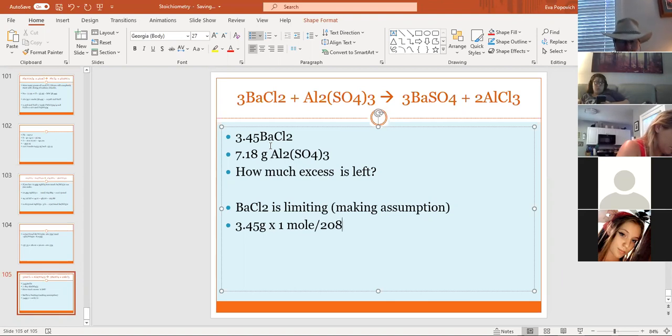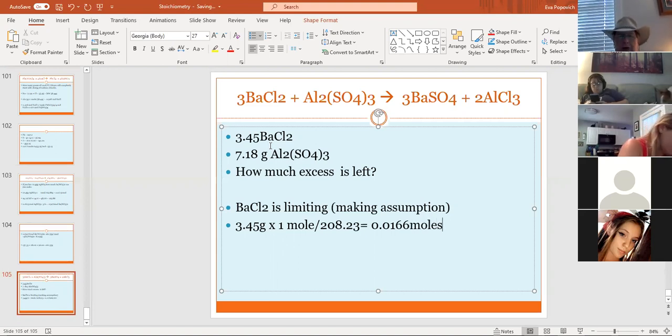I got 208.2, but someone could double check me on that. Yeah, 208.23. Okay, how many moles? 0.0165. Round it up.